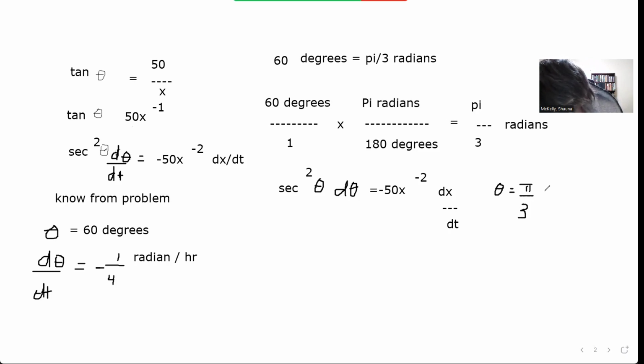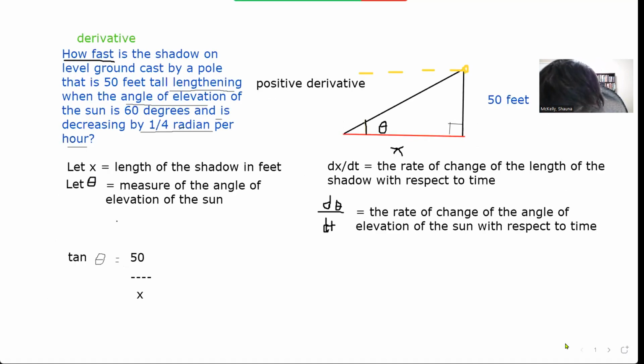That's 60 degrees. Now, why did I convert that? Because my d theta dt, if you'll remember, let's go back. My d theta dt was 1/4 radian per hour, and it's decreasing.